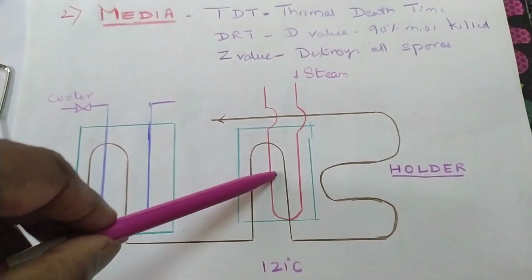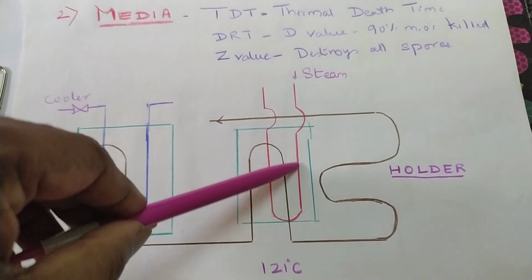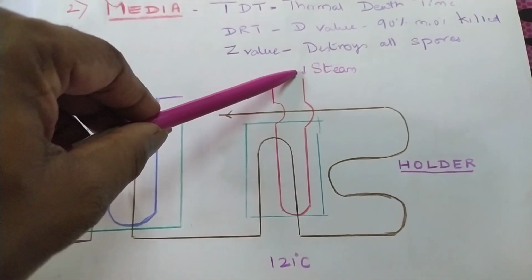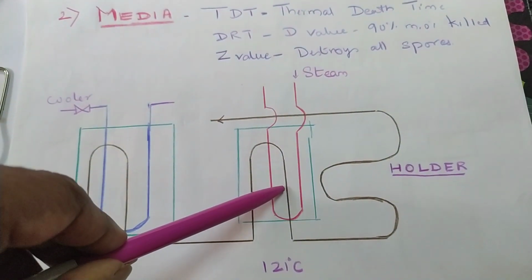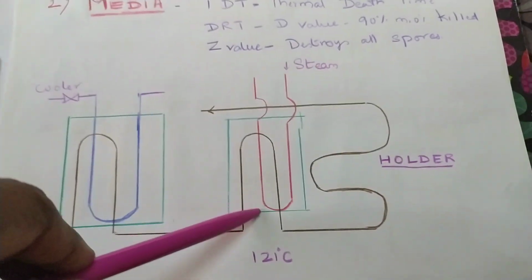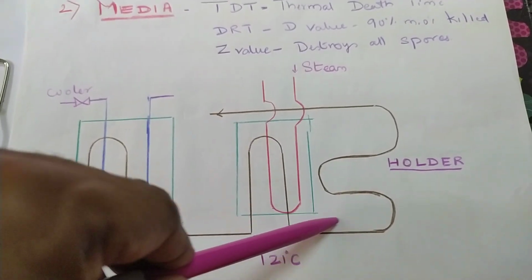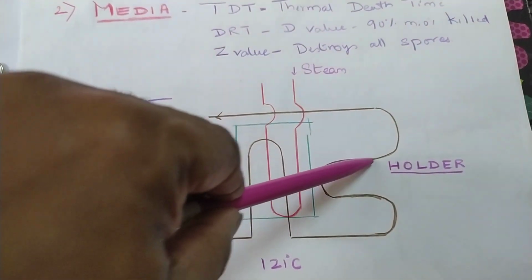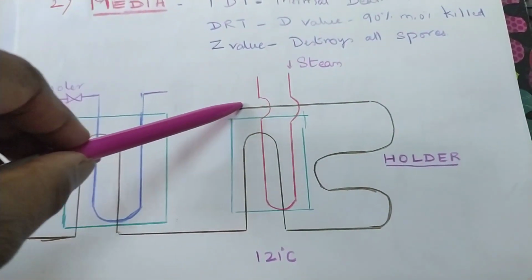The red one is the coil carrying steam. There's a heat exchange between the two. The media is exposed to a particular time and temperature, then the media flow continues in the holder, and then it comes back here.